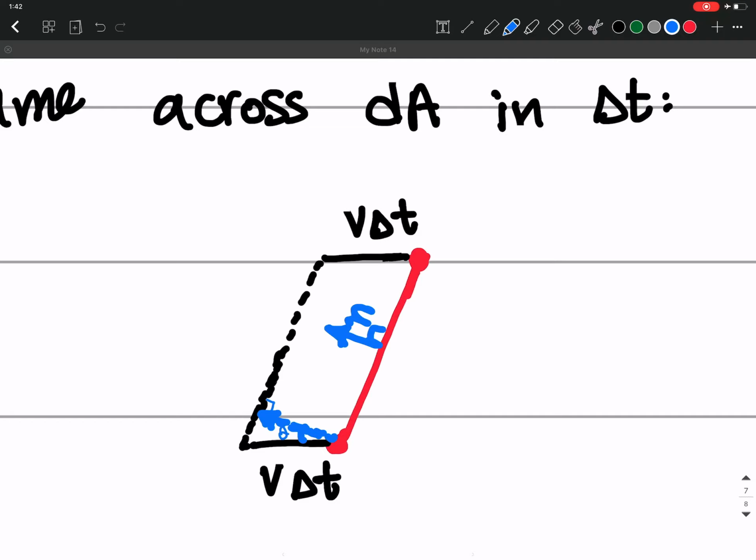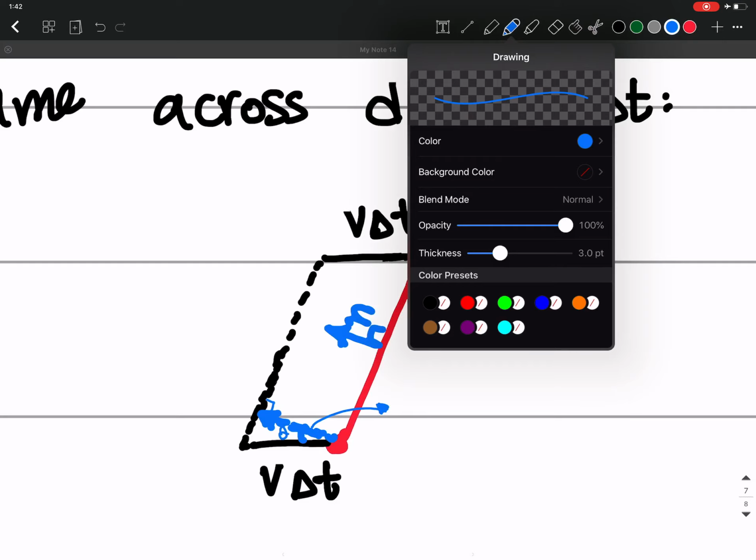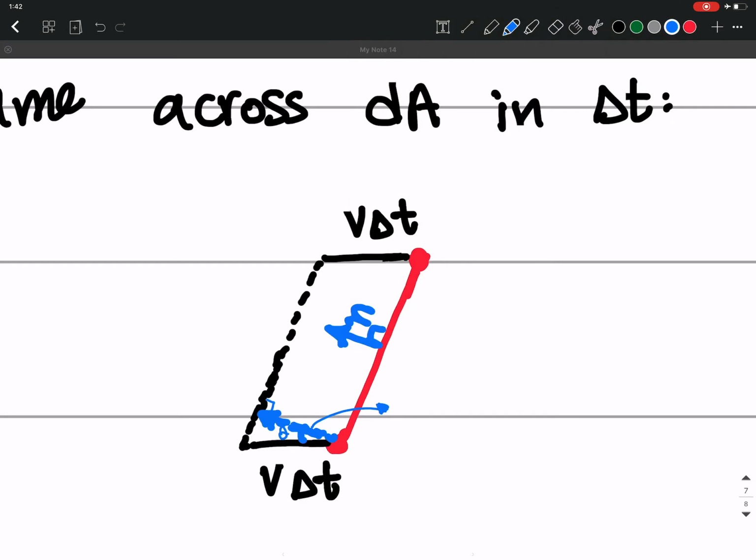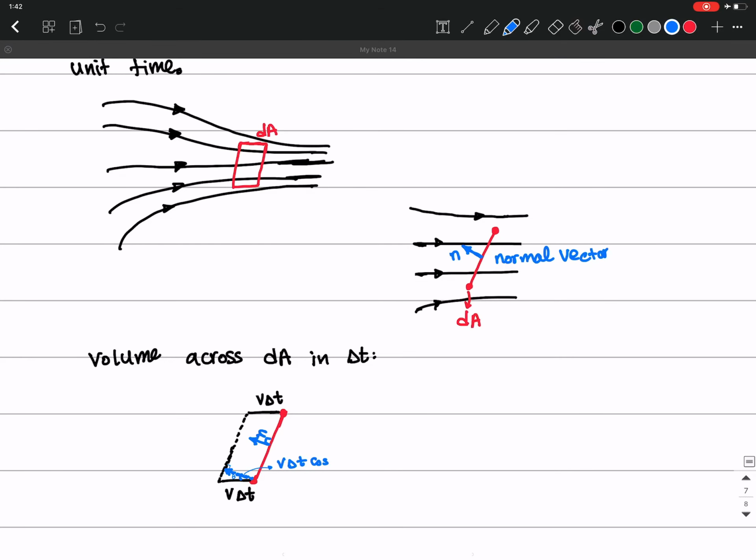So this is gonna be V delta t times cosine theta, right?